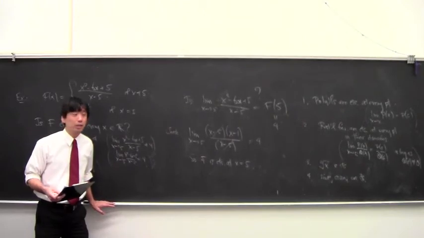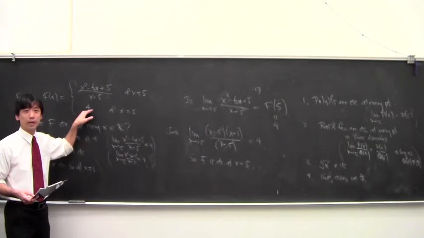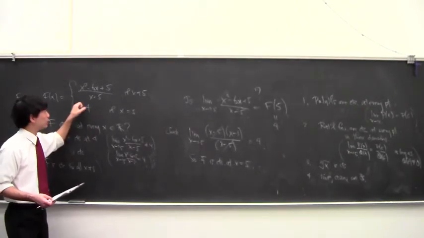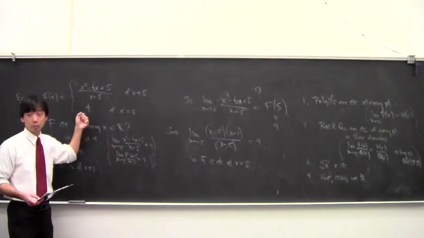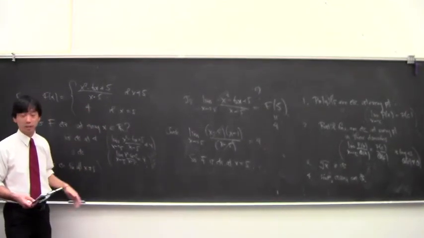Now notice if we had chosen a different value here, if we had defined it to be 3, then the function wouldn't be continuous there. We would have messed up. But if we choose it to be the right value, then we can make it continuous there. So we can fill in the discontinuity.